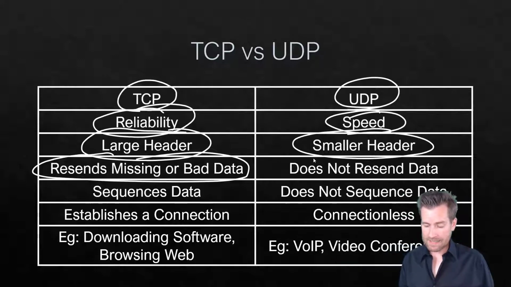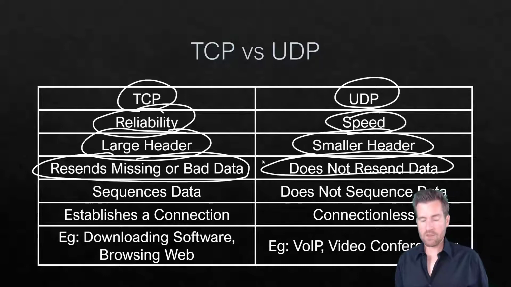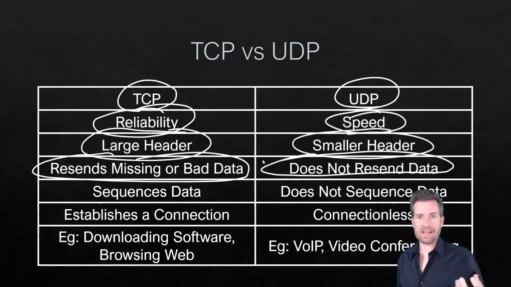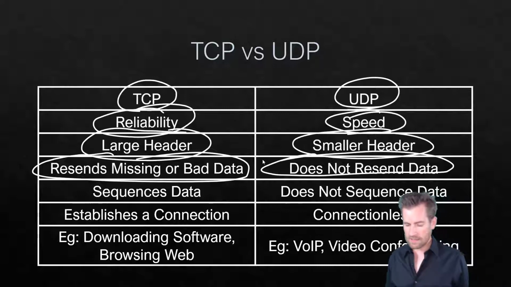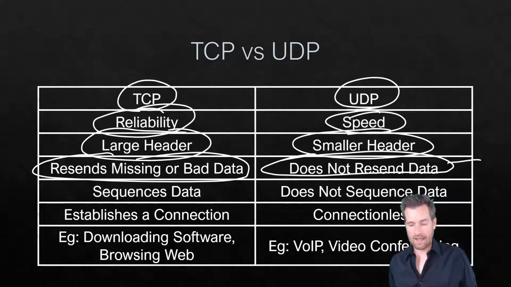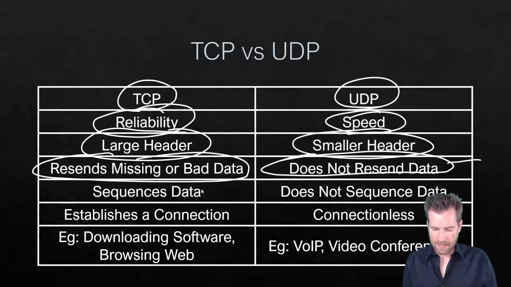Whereas UDP does not have that mechanism. You would rely on upper layer protocols to recognize that, or the protocols that utilize UDP just don't need that as a function. So UDP doesn't have a mechanism to recognize that data is missing or corrupt.